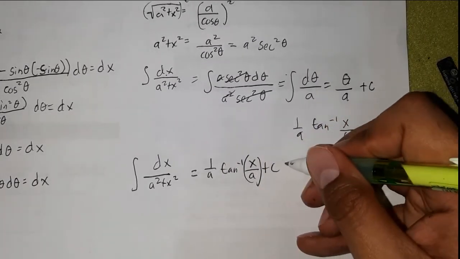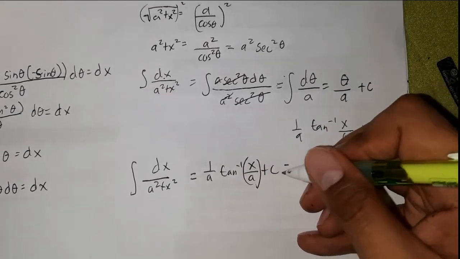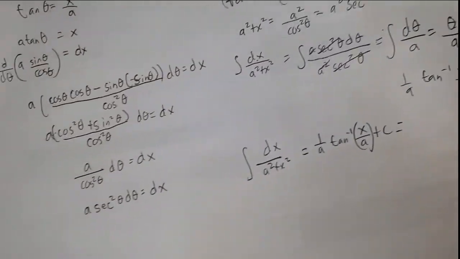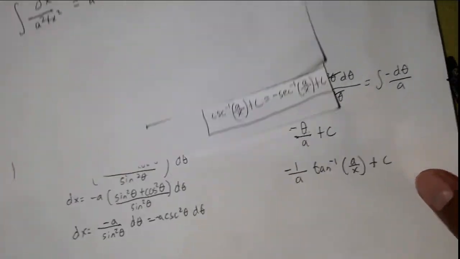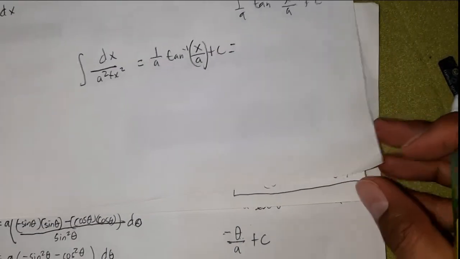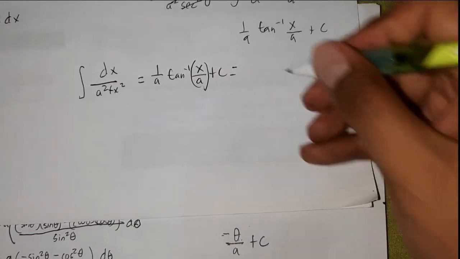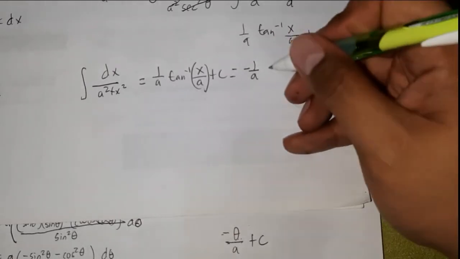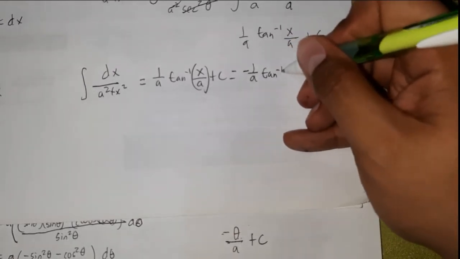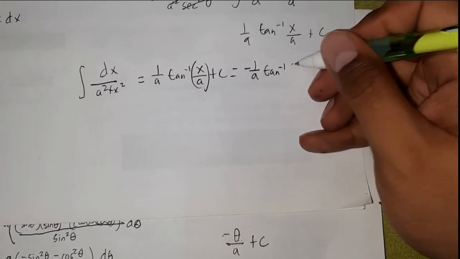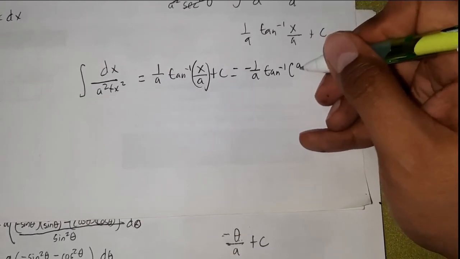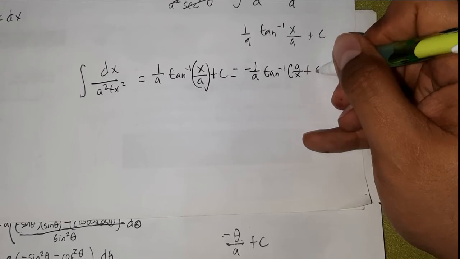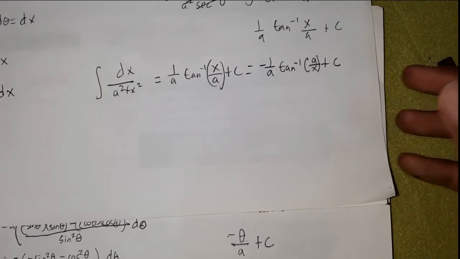Yung isa pa, from yung earlier natin na na-compute ay ito, so negative 1 over A tangent inverse of A over X plus C. Okay.